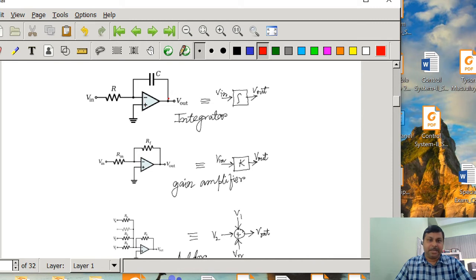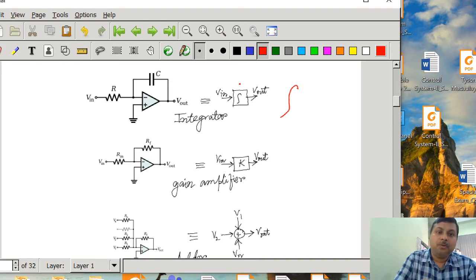You know that using an operational amplifier, V out can easily be the integration of V in, which is represented by a block. This is the integrator sign. So if you give a voltage signal V in, your output will be integrated.